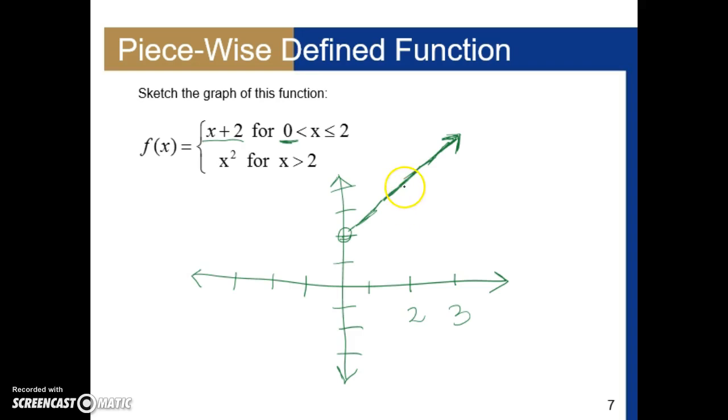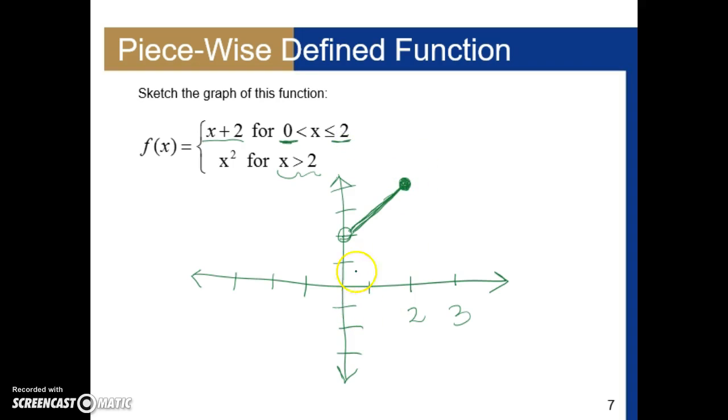This line goes up to and includes 2. Everything after that, every x value greater than 2 that has to do with this line, is not going to be included in this drawing, in this graph. So there is the piece of the line x plus 2 from 0 up to and including positive 2.